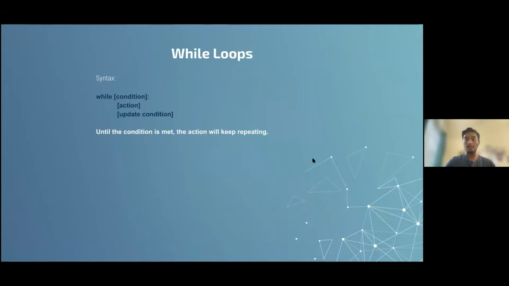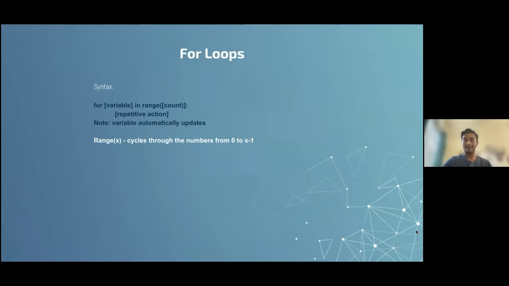So the first type of loop is while loops. This type of loop uses a while condition and then does an action and then updates the condition. So until the condition is met, the action will keep repeating. Sometimes you can get stuck in an infinite while loop, and that's something you'll have to debug later on. The second type of loop is a for loop.